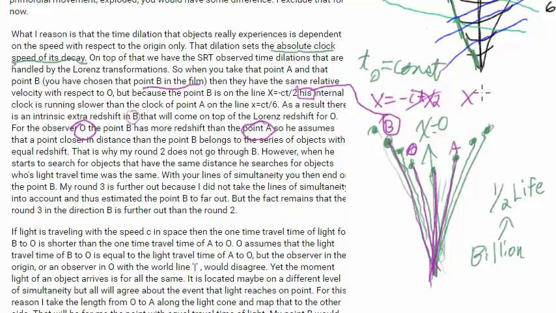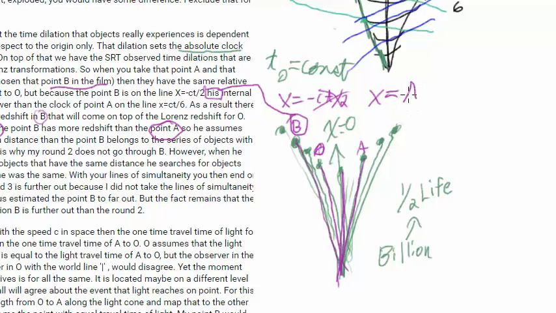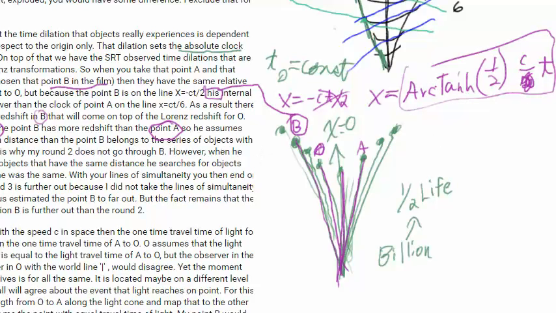We'd need to do x equals c arctangent of 1 over 2, times t. This is what we would want to do if we wanted to come out symmetric.